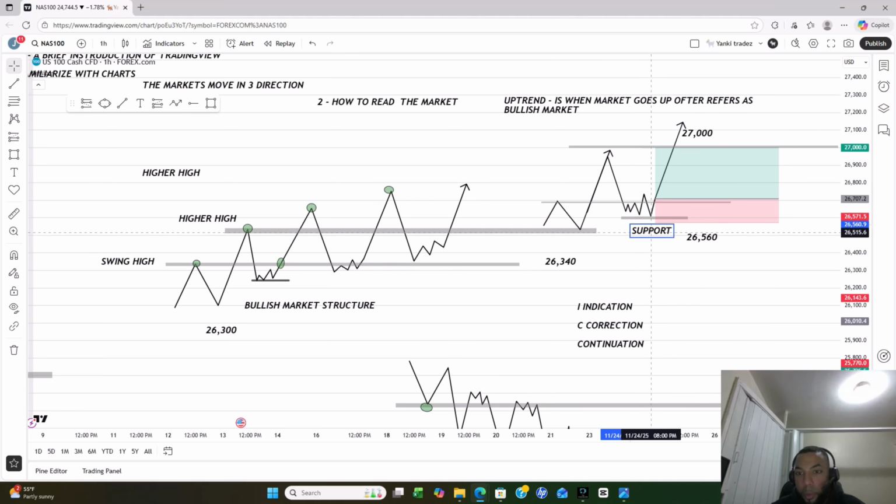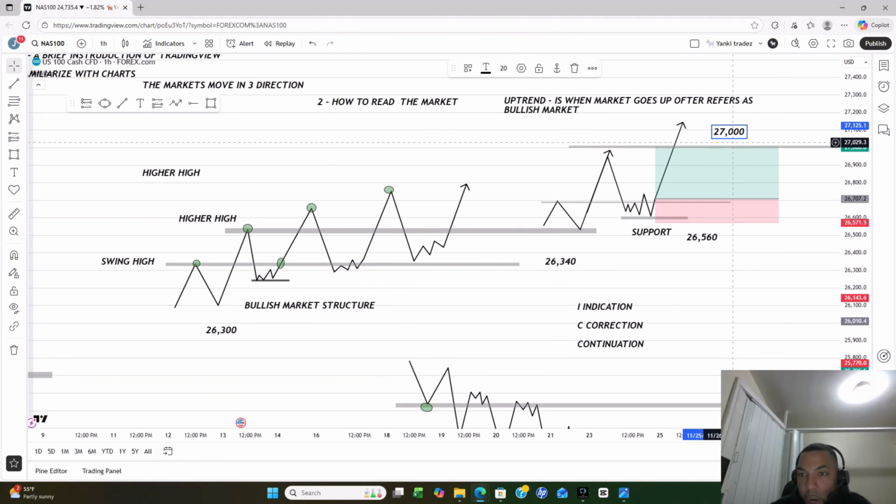So support, you guys know a little bit about support. We're gonna go into details about support, resistance. Some people call it resistance and everything. I call it support for everything, honestly. So I hope you guys made it this far and are enjoying the video. Okay, so that's where I'm gonna put my target level and my stop loss.